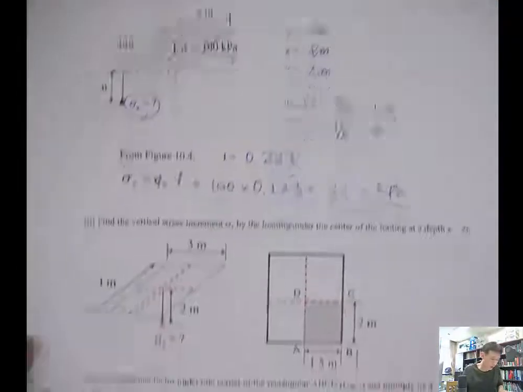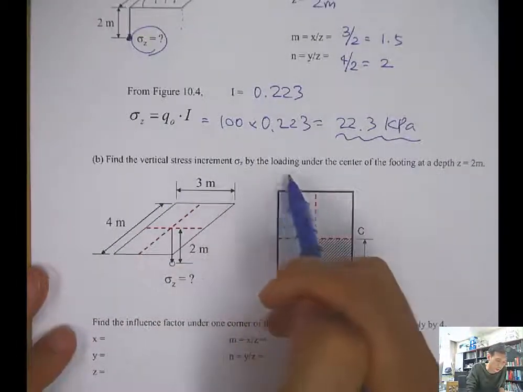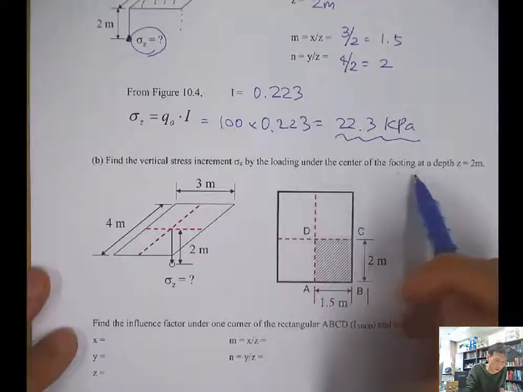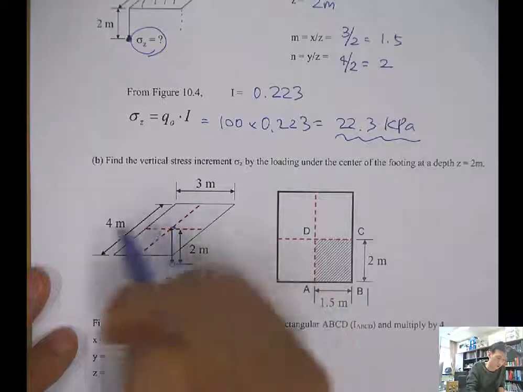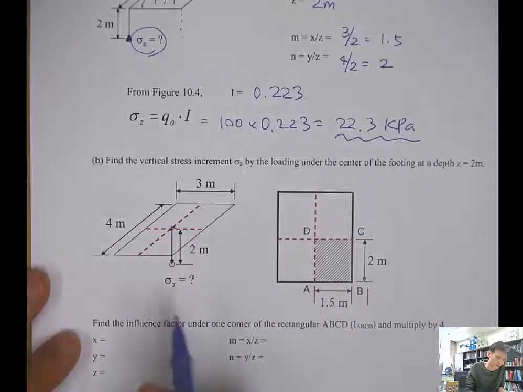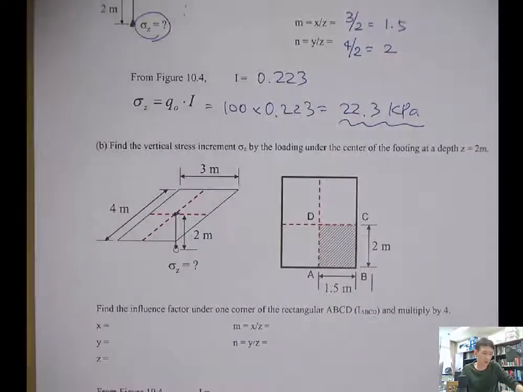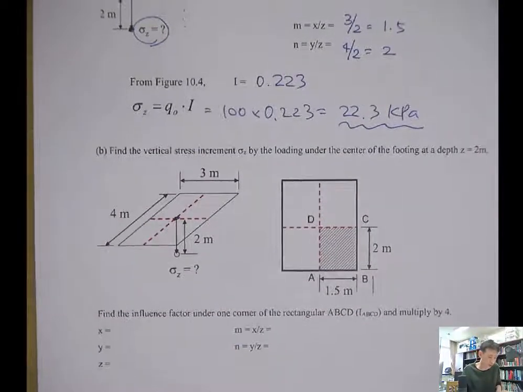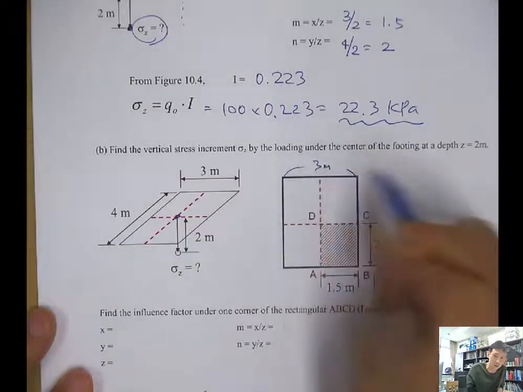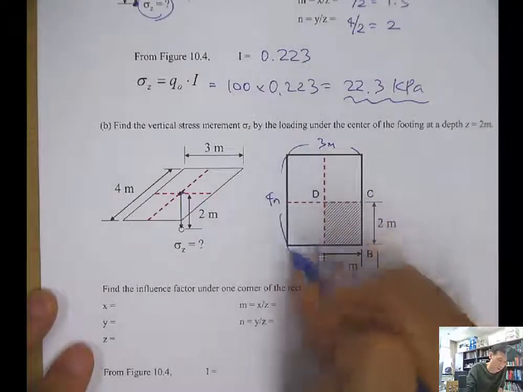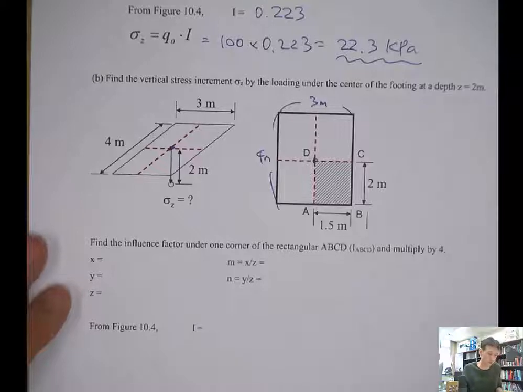Right? And the next one, find the vertical stress increment sigma z by the loading under the center of the footing at a depth of 2 meter. So now it's the same geometry and the q is still 100 kilopascal. And now we're looking at under the center of the footing area. If you look from the top, this is 3 meter and this is 4 meter. So we can divide this rectangular region into 4 rectangles.